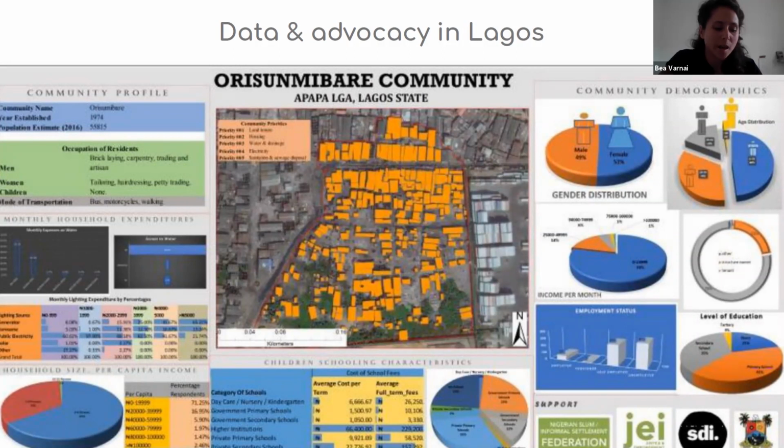So as an example, they would use data collected in focus groups or neighborhood profiles to advocate for access to drinking water, for instance, with their municipality. Or they would do enumeration to fight against evictions, which is a very serious issue for the communities in Lagos, but also elsewhere in Nigeria.